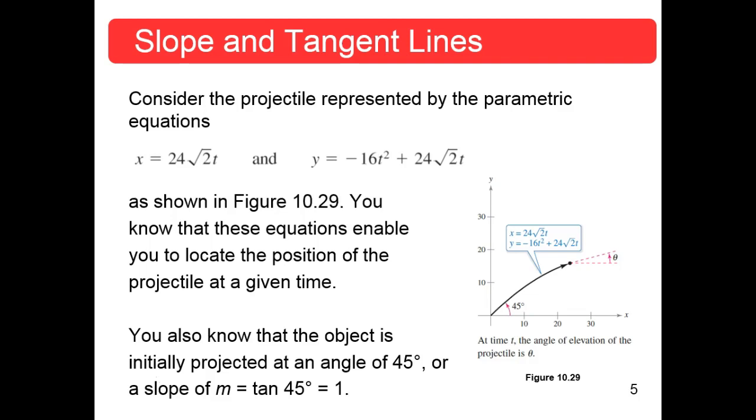Now, if that was the case, which it is, the slope m is equal to tangent of 45, and that's equal to 1. Okay.